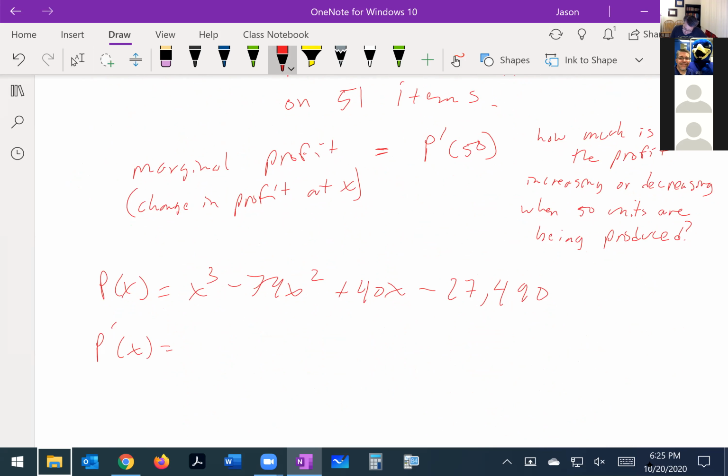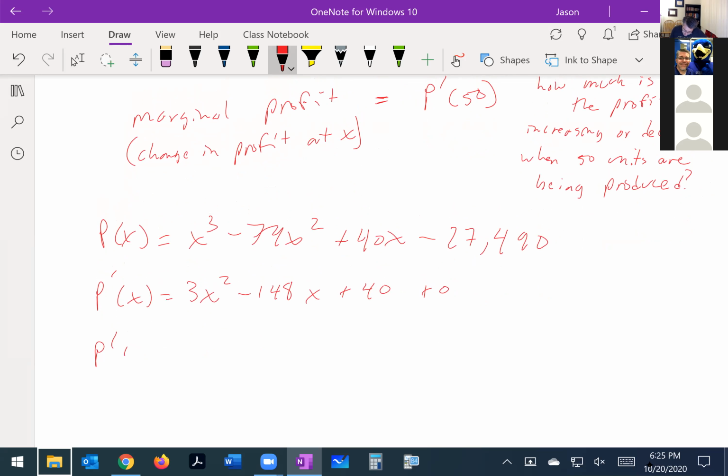P prime of X is going to be 3X squared minus, bring the 2 down, 148X plus 40, and then this guy goes to 0, plus 0. Now what do I want to find? I want to find P prime of 50.